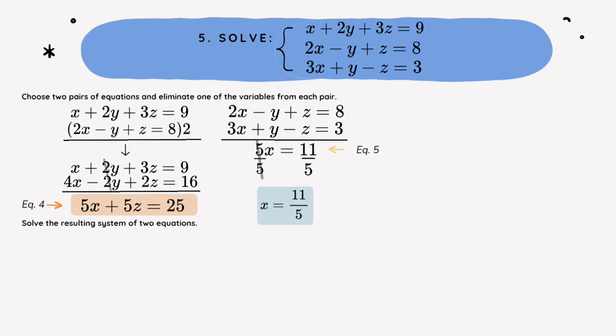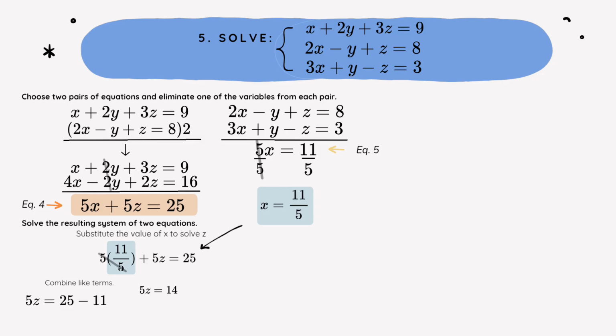Let's now solve the resulting system of equations by substituting the x is equal to 11 over 5 to our equation number 4. Simplifying and then combine like terms, we'll get 5z is equal 14. Divide both sides by 5, we'll get z is equal to 14 over 5.